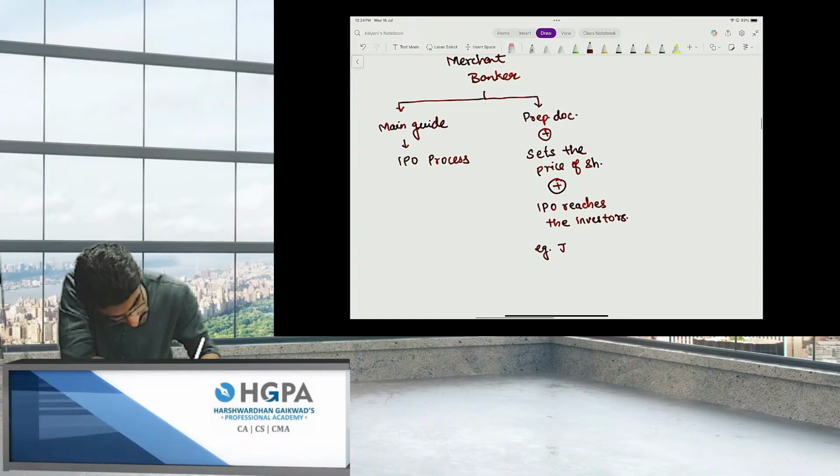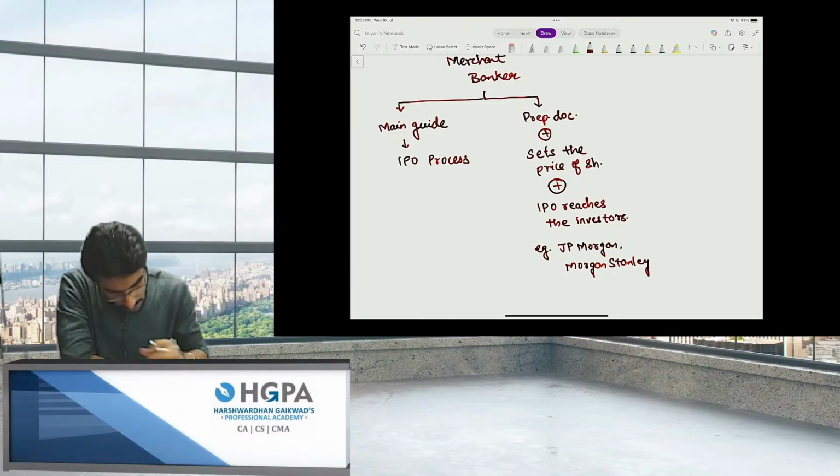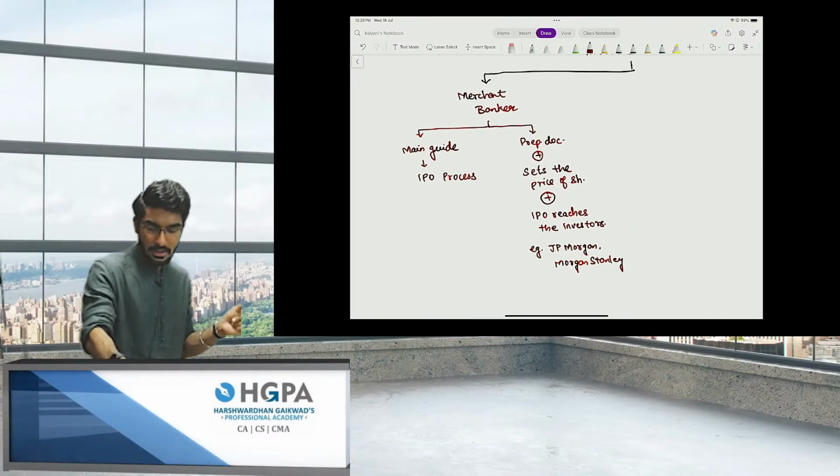Example people, JP Morgan, Morgan Stanley.